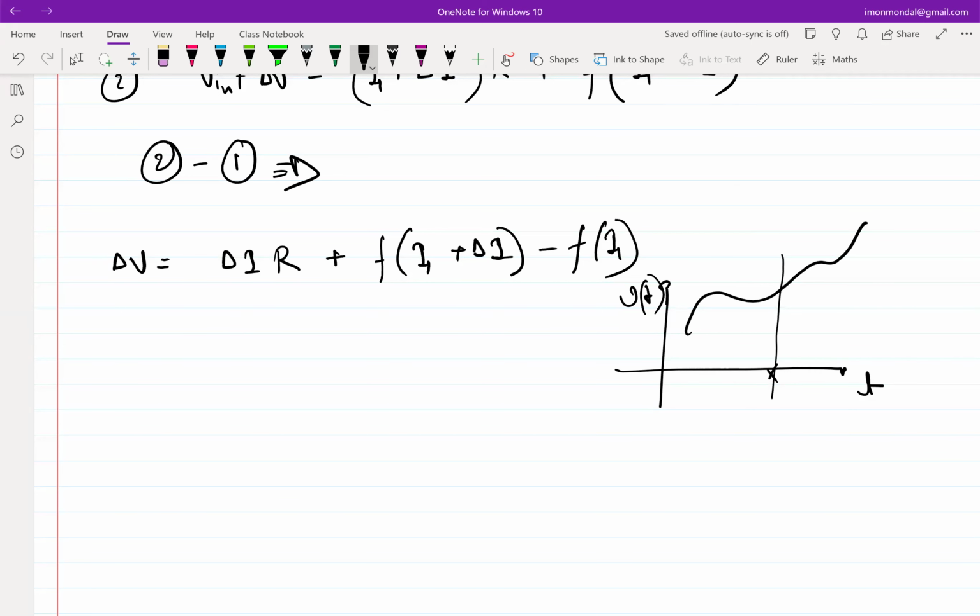At this point of time, I am trying to figure out where the friend will go in the next time instant. What do I need to know? I need to know the current location and the velocity. If I know the current location and the velocity, I should be able to extrapolate where the next position will be. But if the velocity changes, accelerates, I need to know the acceleration also. That is a double derivative. If the acceleration also changes, then I need to know the triple derivative and so on.